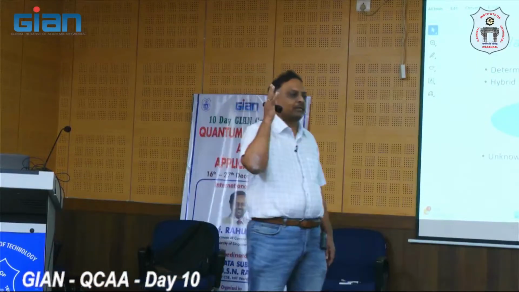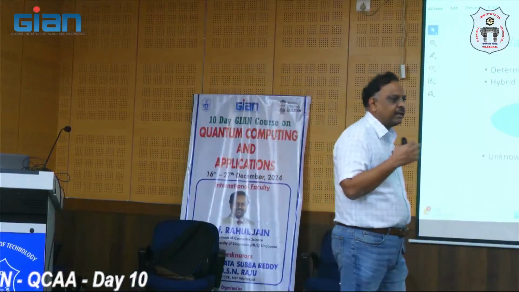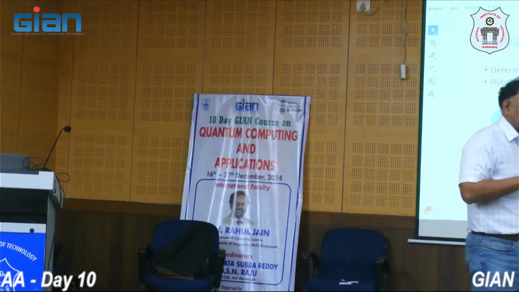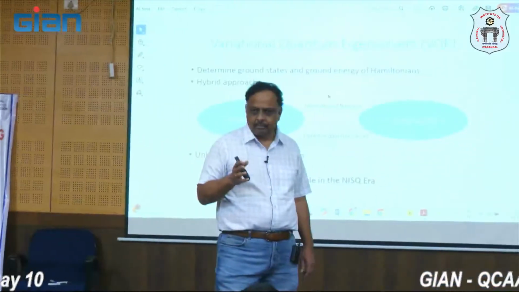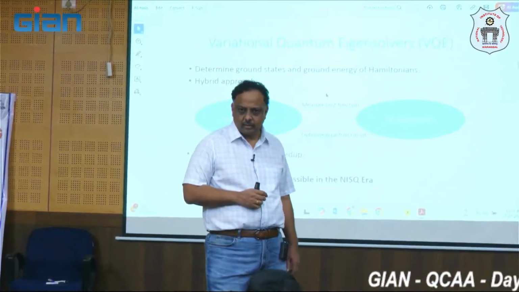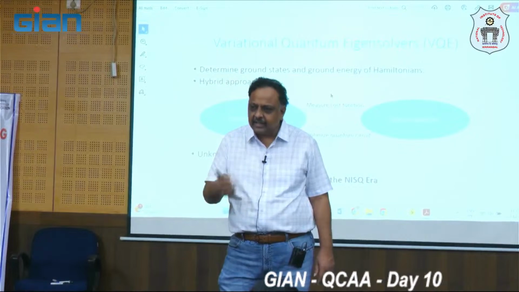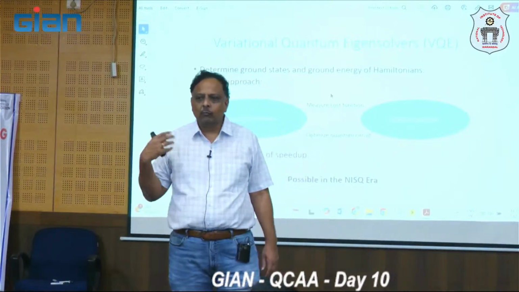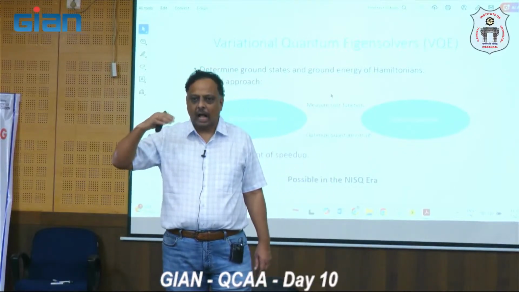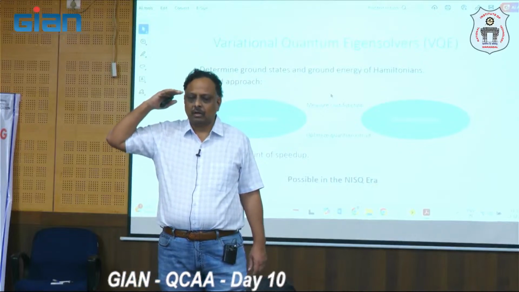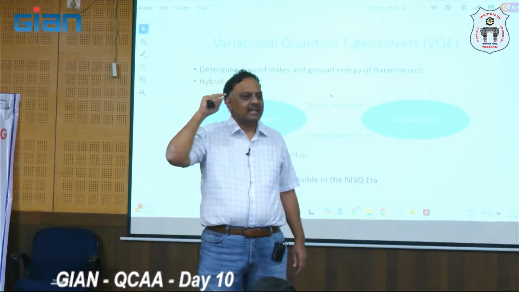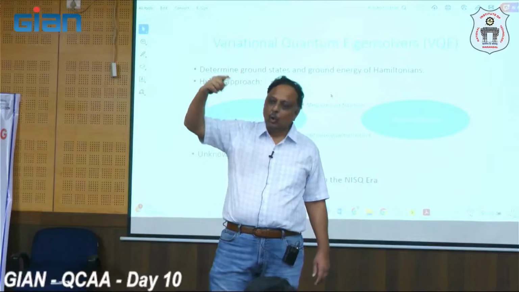What is the maximum number of clauses that can be satisfied by any assignment to the variables? Correct? These are the kind of questions you ask. That is optimization. What will be the highest number of clauses satisfied is the same as the lowest ground energy.